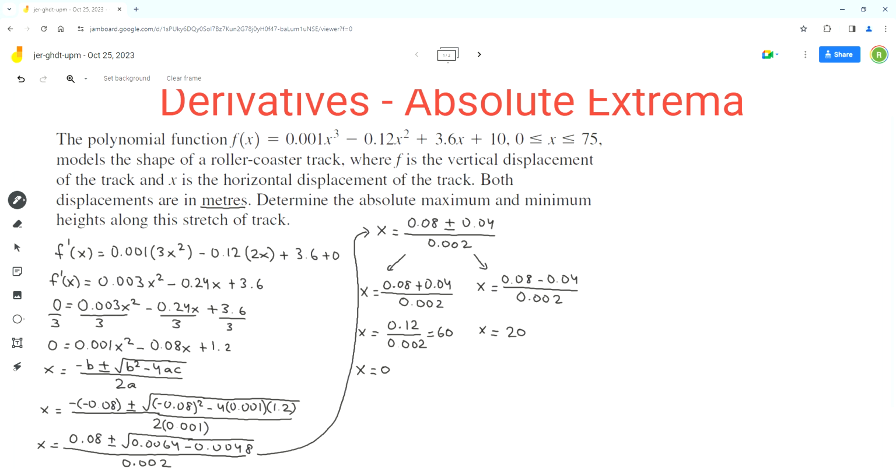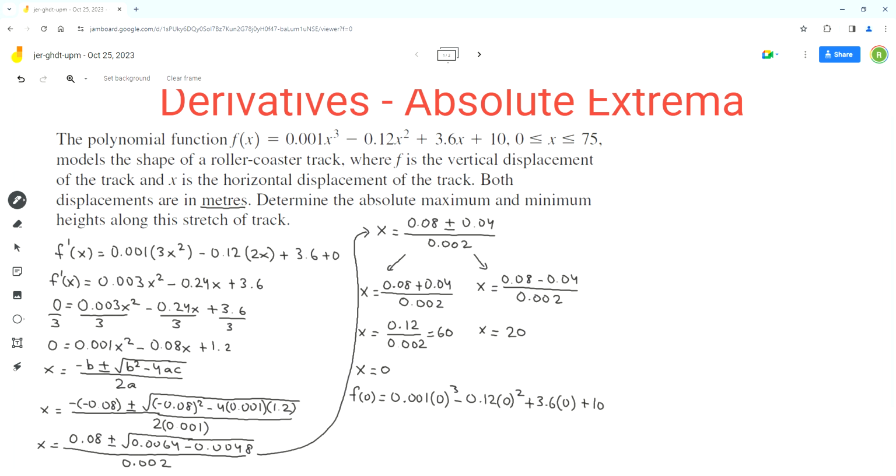So we should sub in x as 0 in the given function. So f at 0 is equal to 0.001 times 0 cubed minus 0.12 times 0 squared plus 3.6 times 0 plus 10.